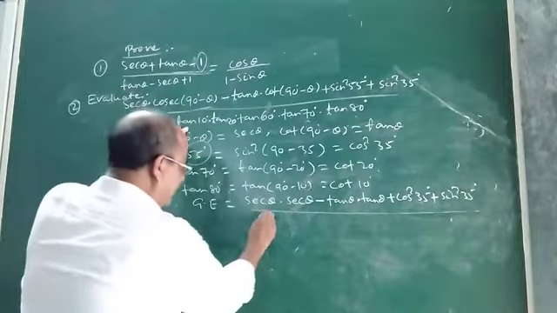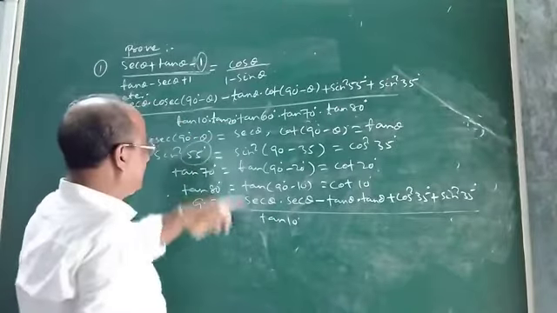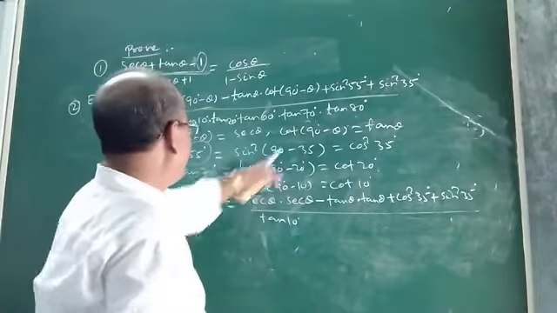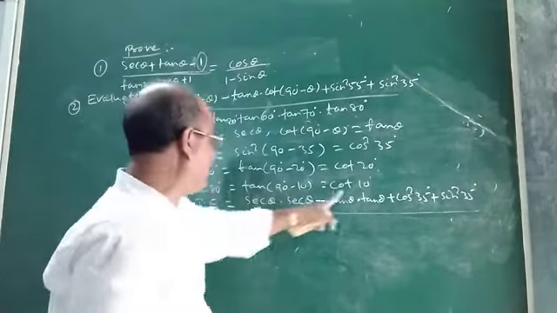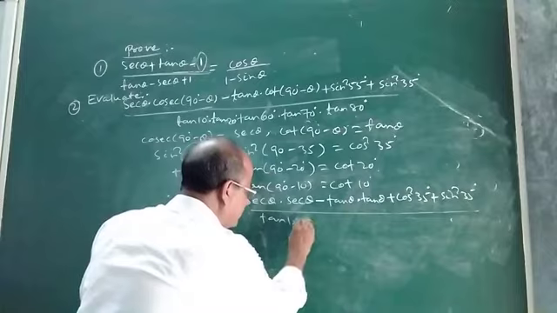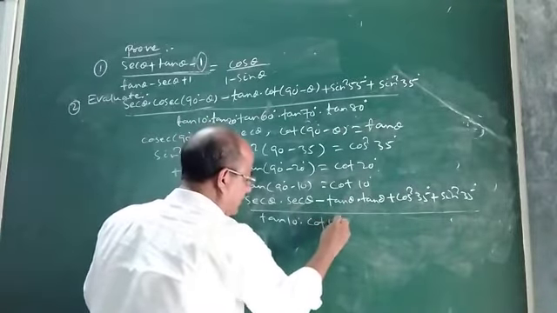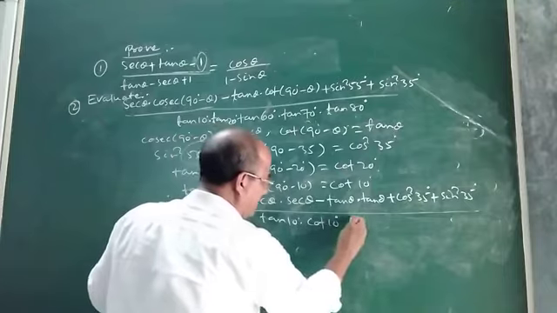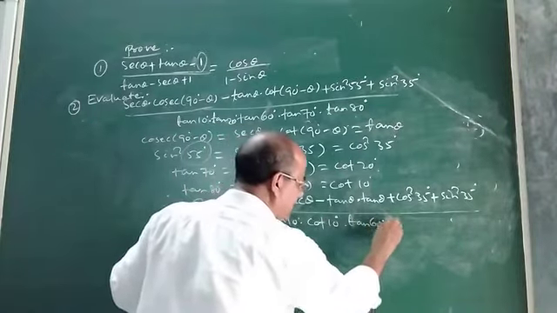Now tan 10 degree, you see. In place of tan 80 degree, tan 80 degree equal to cot 10 degree. So in place of tan 80 we can write cot 10 degree into tan 60, let it be constant because it has a value.